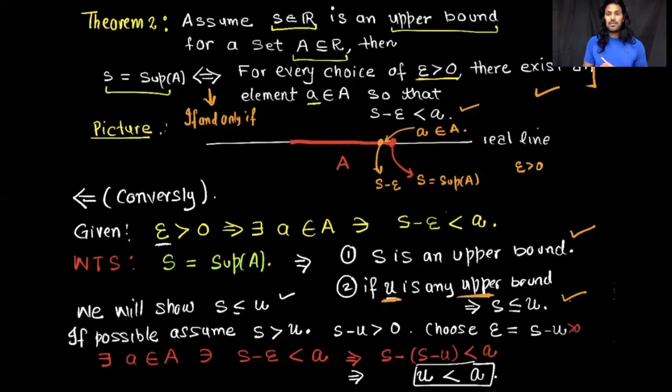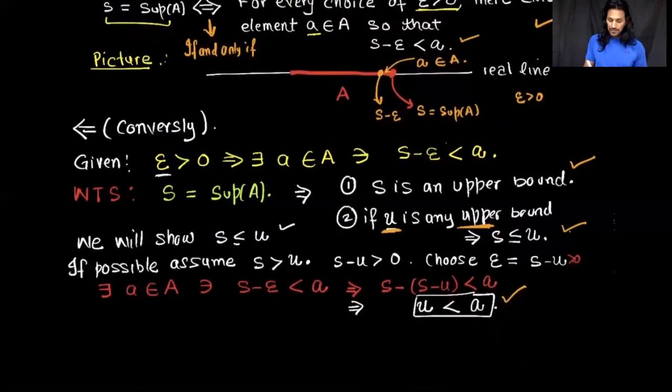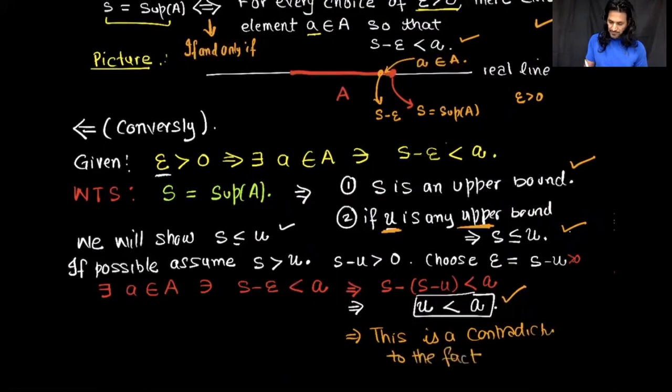If U is an upper bound, it must be greater than or equal to every member of the set A. But here I'm saying that U is an upper bound, but U is also less than A. So this implies this is a contradiction to the fact that U is an upper bound. So U is an upper bound. So this contradicts that fact.